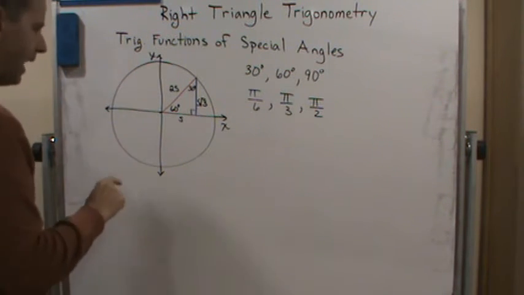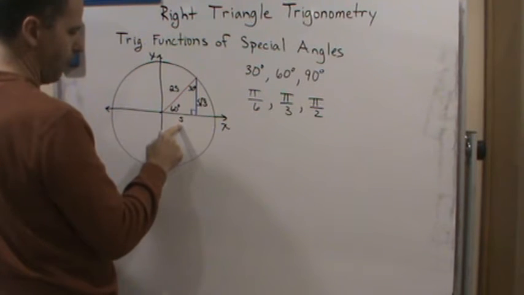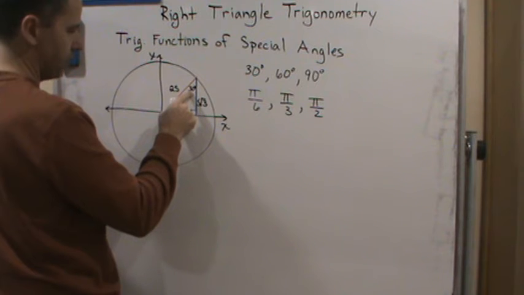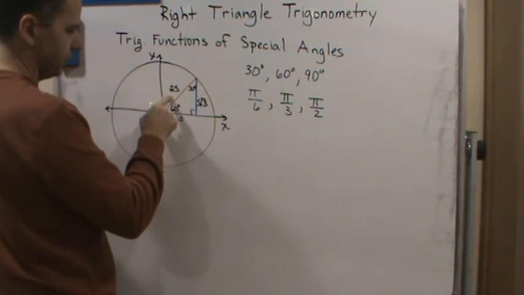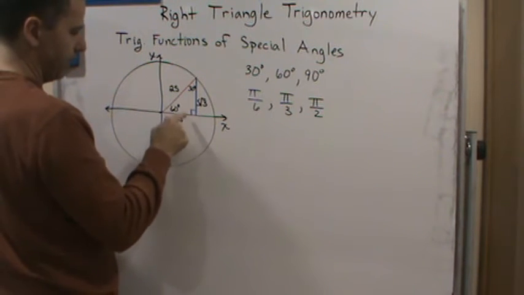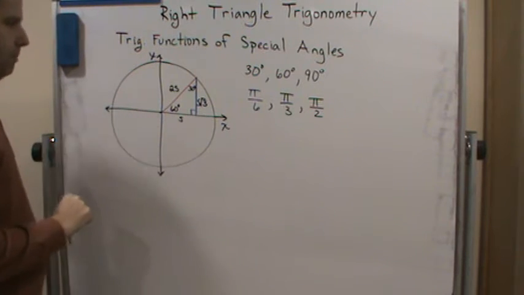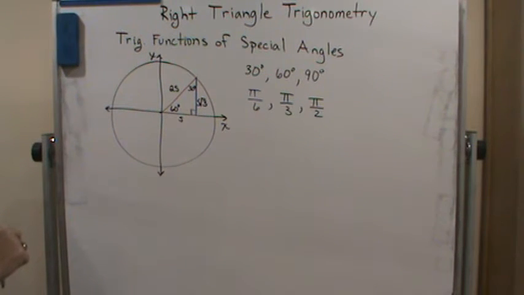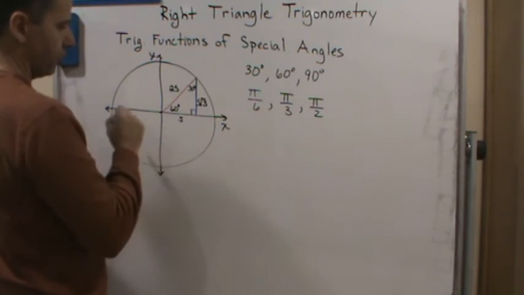Notice that S is always across from the 30-degree angle. The smallest side is across from the smallest angle, and the largest side, which is always the hypotenuse, is across from the largest angle. So 2S and S are here, and then the middle side is S times the square root of 3.